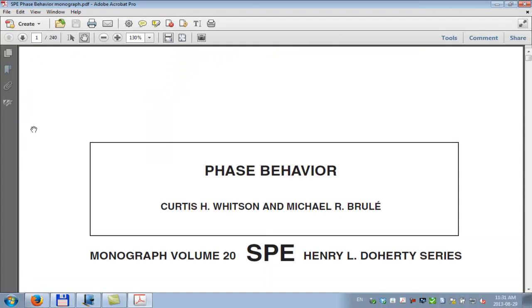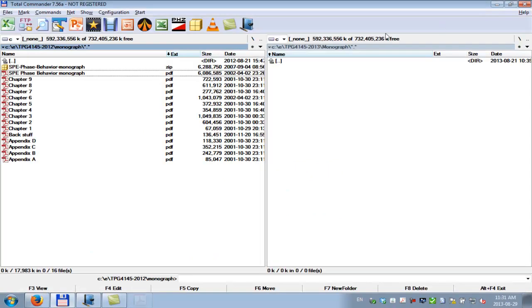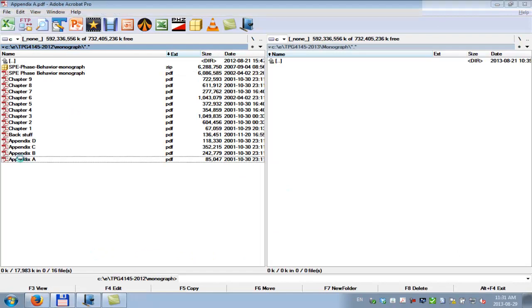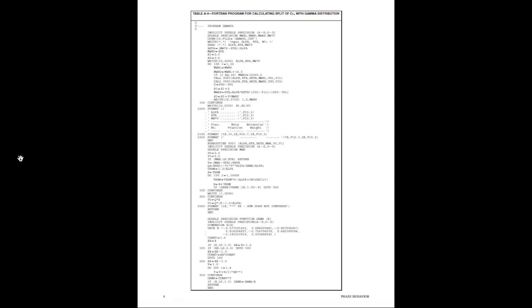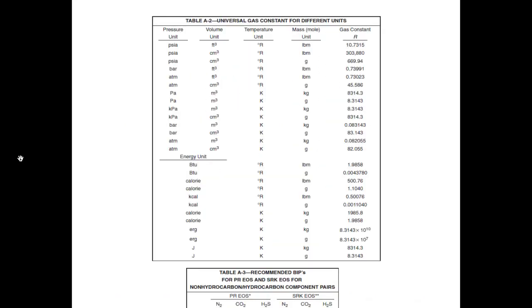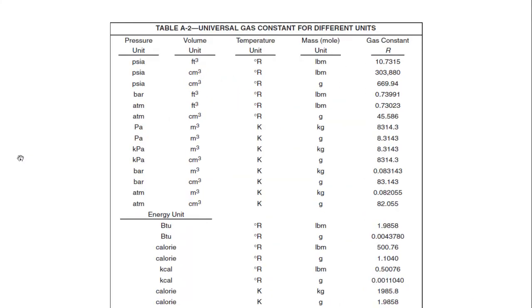Okay. Well, I'm going to do it a little bit easier. It's Appendix A. In Appendix A, there's kind of a table specially for getting the right universal gas constant for different units. So you can pick PSI, cubic feet, Rankine, and pound mass for moles, and that's this 10.73 number.